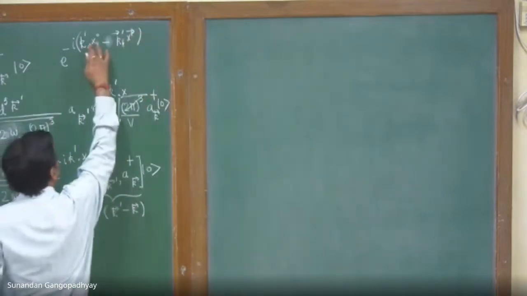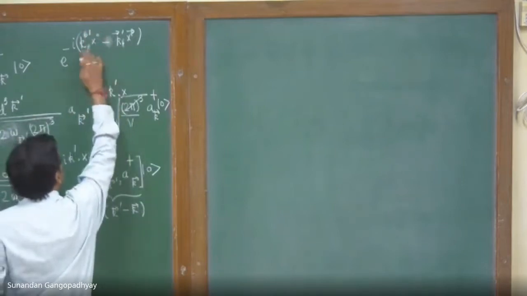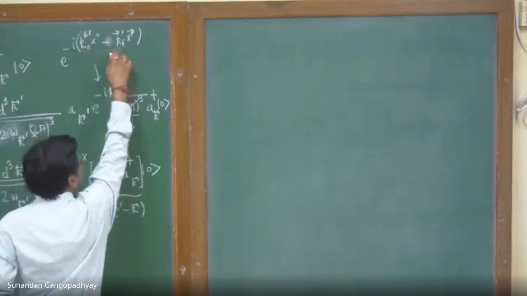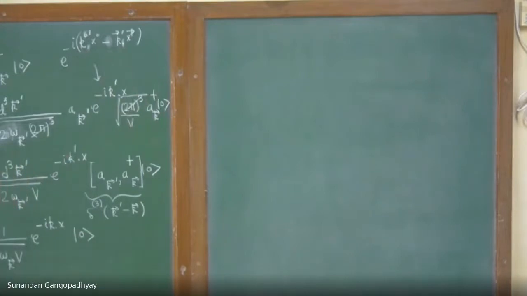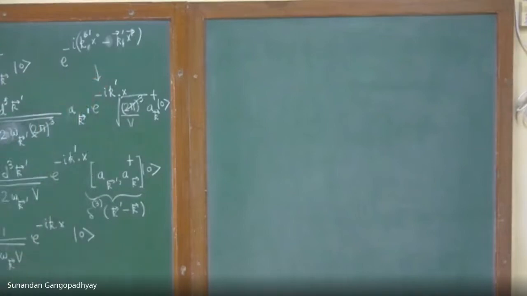This A0 prime is actually related to this k prime vector by the dispersion relation. It's not independent, although you write it in a compact form. Why do you write in a compact form? This is basically the advantage of covariant notation.